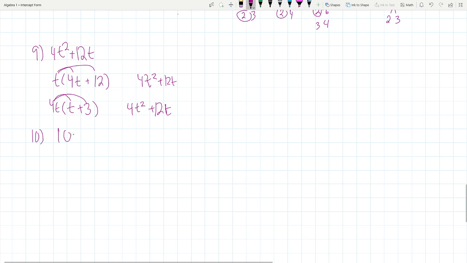If I have 10k to the third minus 15k squared. All right, what do these both have in common? They both have k, and they have k up to the second power. And so I get k to the second power. And it has to apply to everything.